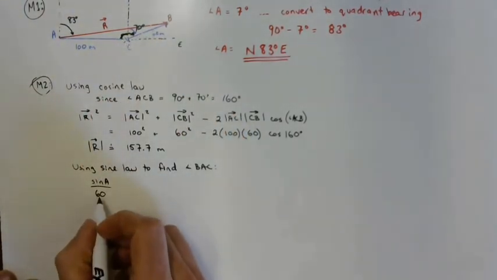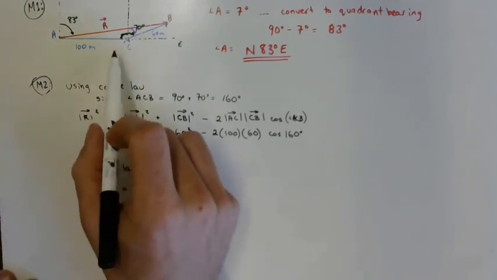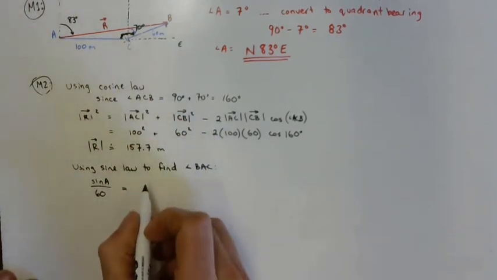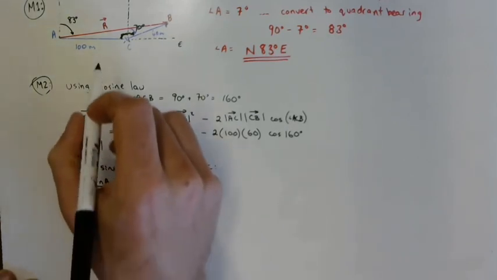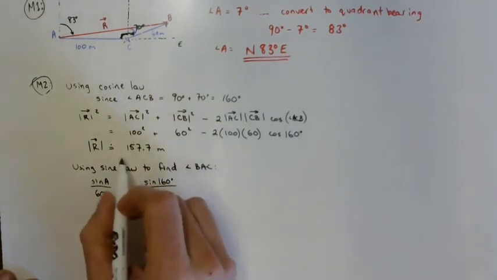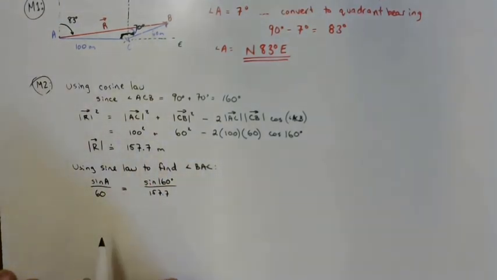I'm just going to plug in my numbers right away. The completed ratio that we have is the sine of 160 degrees over the length of R, which we just found out is 157.7. All right, multiply both sides by 60.